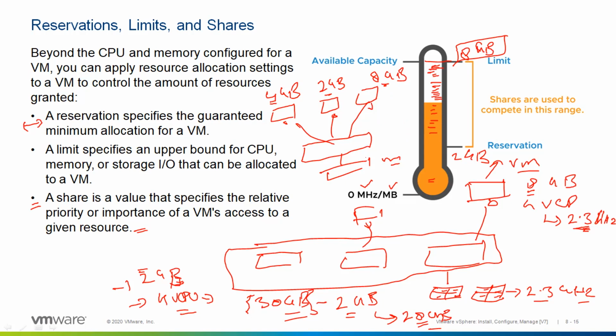But whenever it comes to giving the actual memory under the 8 GB, the 2 GB, or the 4 GB, the host always tries to give an equivalent share.